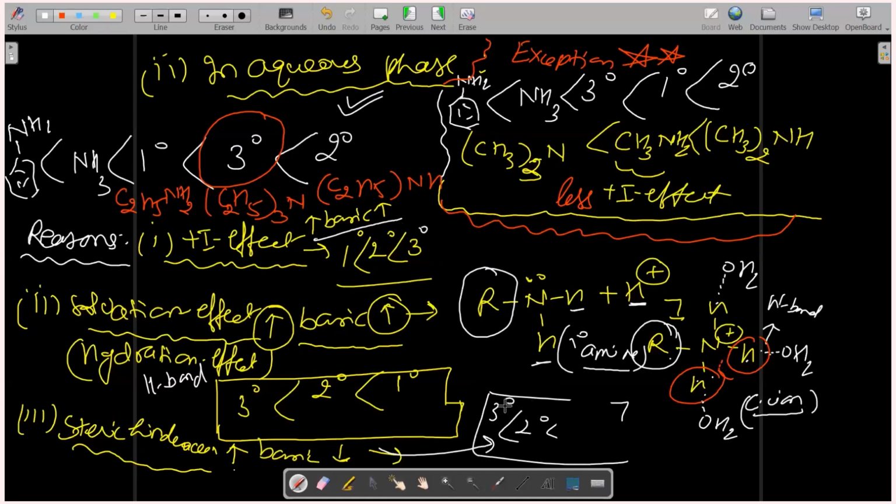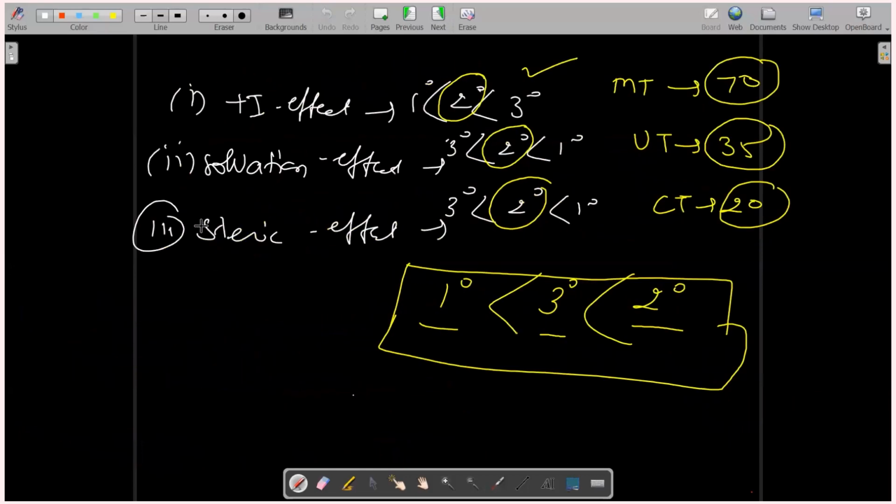So now again tertiary becomes least basic, then secondary, then primary, meaning again the primary amine becomes the strong base. Okay, so by combining all these three effects, what can we conclude? According to plus I effect, what is the order? 3 to 1.